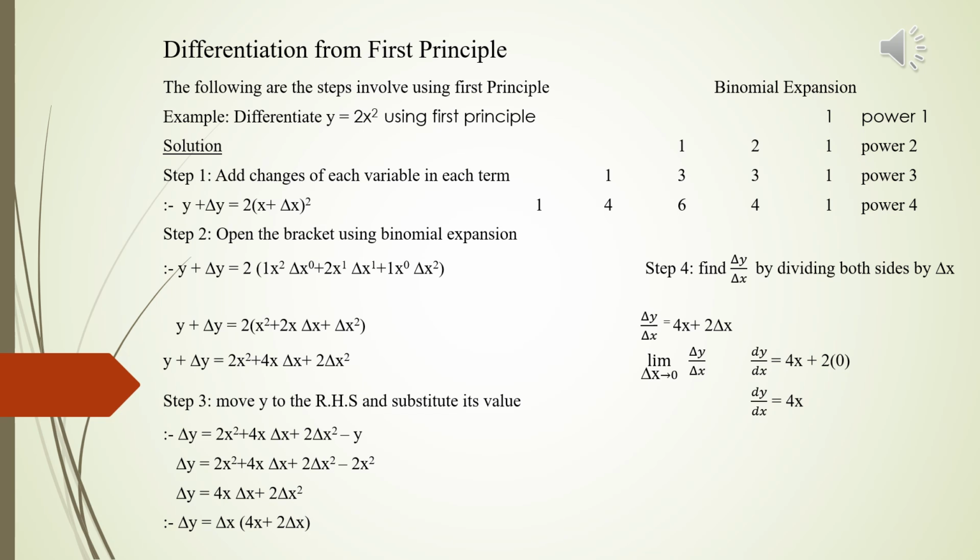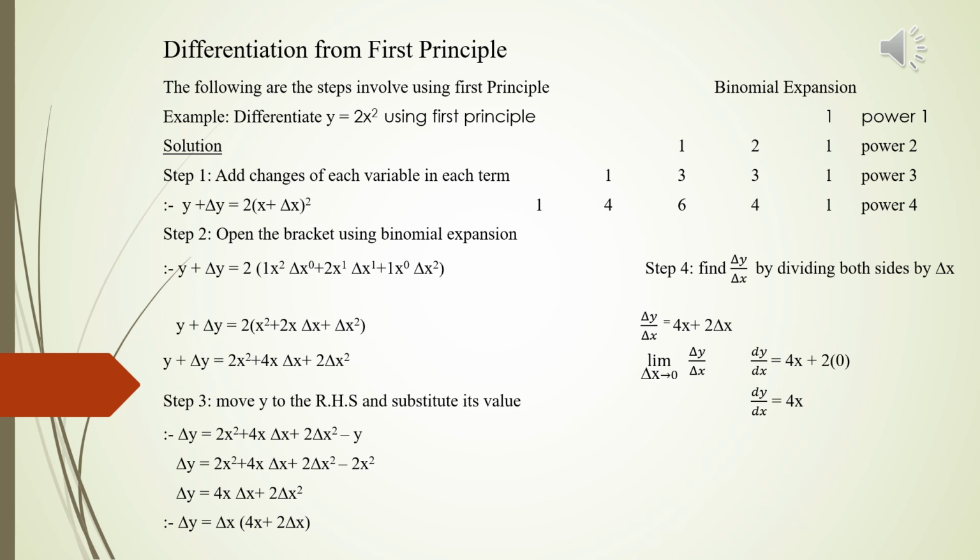You can see the power of x decrease from 2 to 1, plus 2x^1 change in x^1. The power of change in x increase from 0 to 1, plus 1, which is the last coefficient, x^0 change in x^2. The power of x decrease from 1 to 0, while the power of change in x increase from 1 to 2.